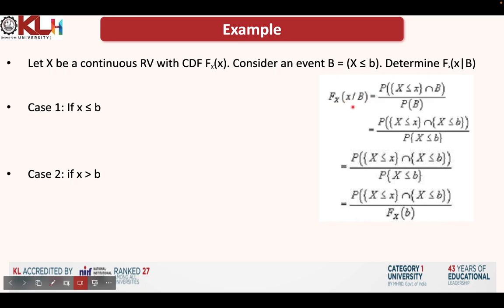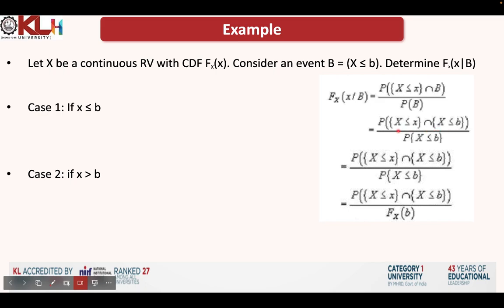The CDF can be written as we saw before, probability of random variable x less than or equal to small x and b divided by probability of b. And if we expand what the event b is, it's random variable x less than or equal to b.